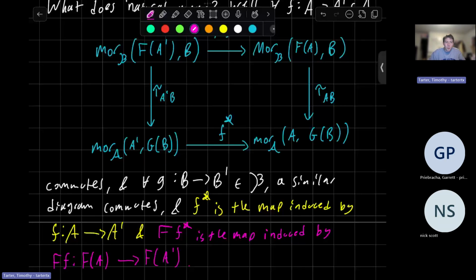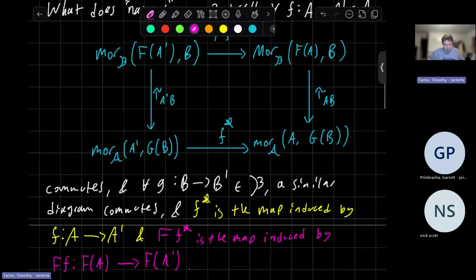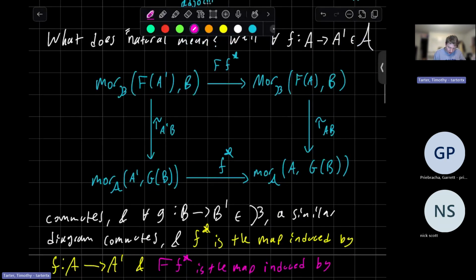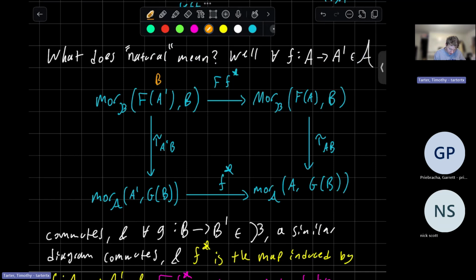Now, determining what this other thing for B and B prime looks like. I'm just going to do this in orange. This would be F of B prime, comma A. F star can stay the same.